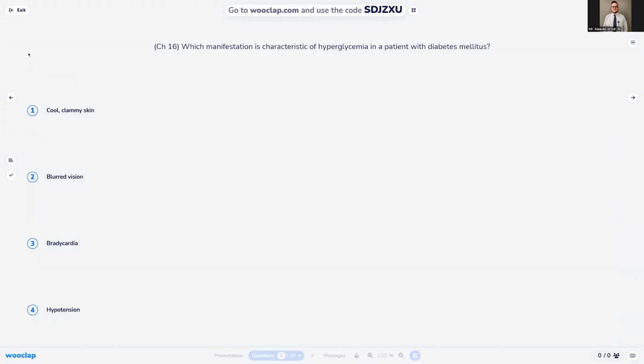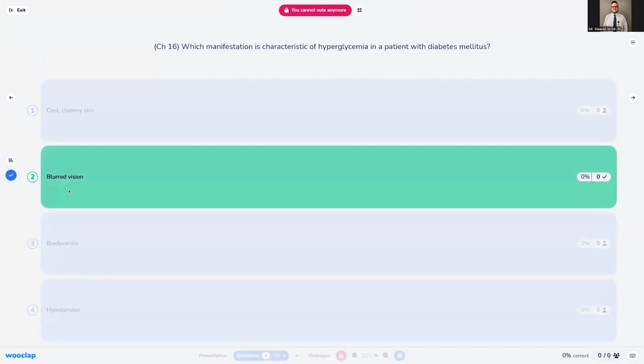Cool, clammy skin, bradycardia, hypotension, you're more likely to see in low blood sugar. With high blood sugar, you're going to see blurred vision, because just think: the high sugar means the blood has turned from liquidy, like orange juice consistency, to syrup consistency.